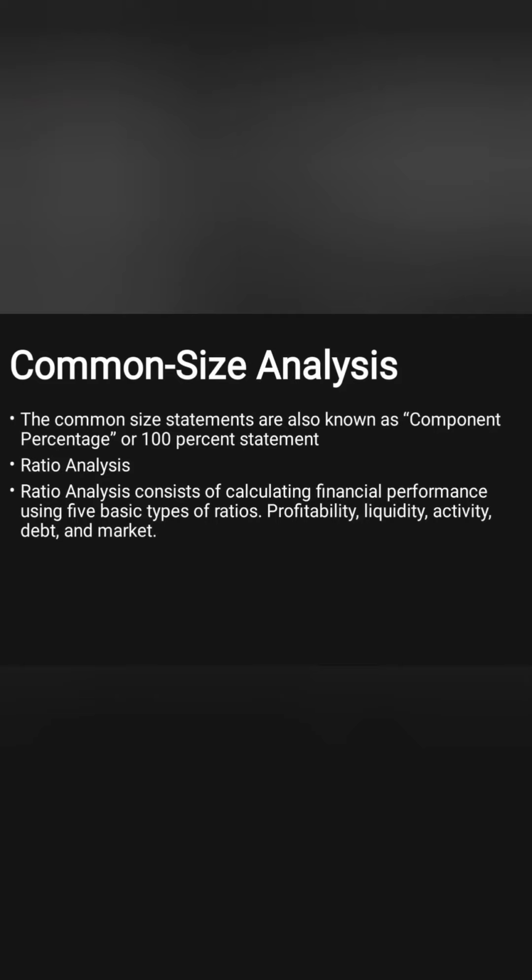The ratios are classified into 5 varieties: the profitability, liquidity, activity, debt and market ratios. It's a powerful tool. It shows the financial positions, short term, long term, and the turnovers, even the debtors turnover ratio or the capital gearing ratio, like that. An infinite number of ratios we can calculate using the ratio analysis.